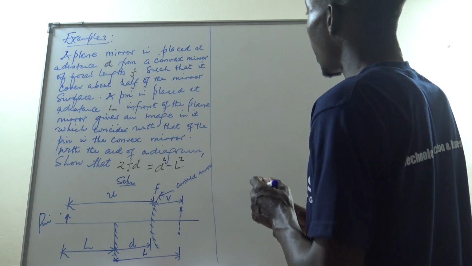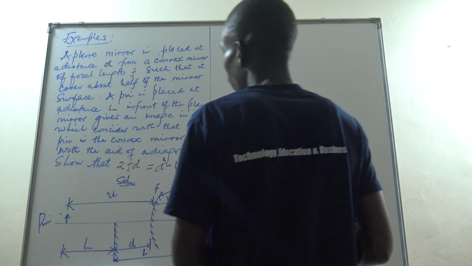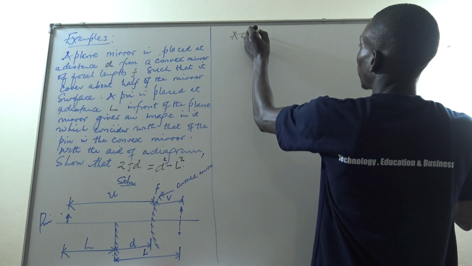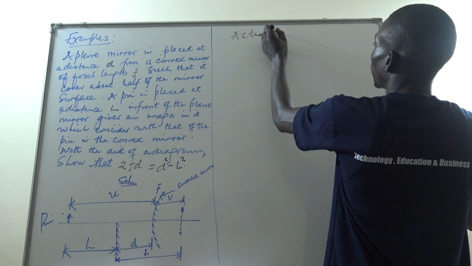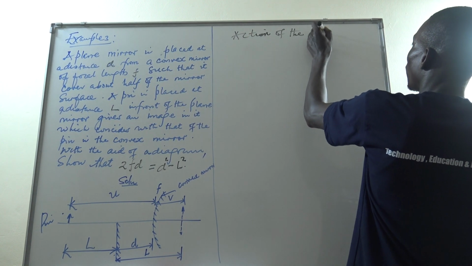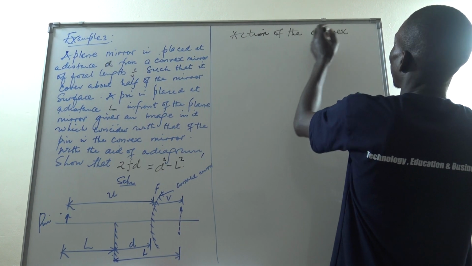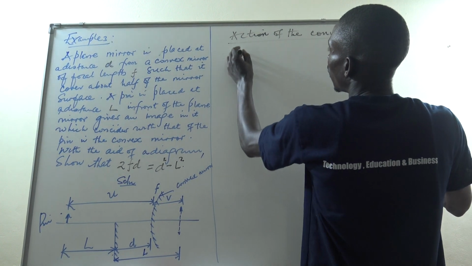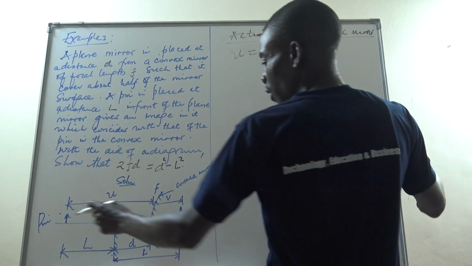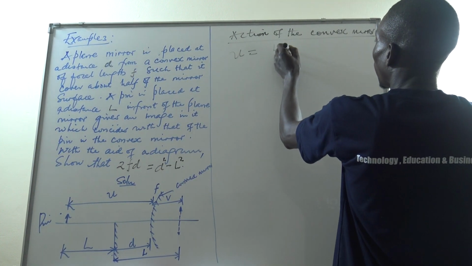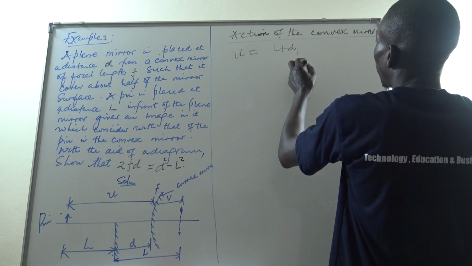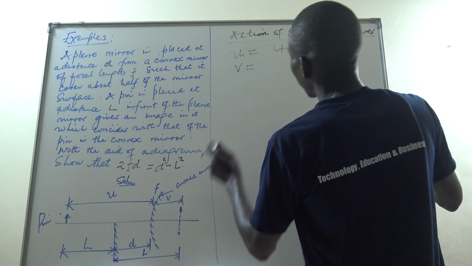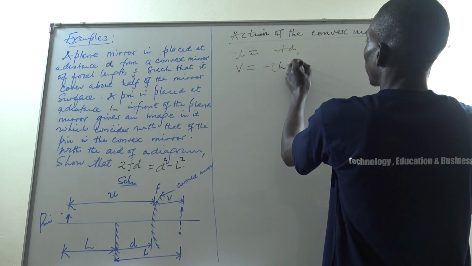So required from us is now to prove that idea there. Considering the action of the convex mirror, U for the convex mirror will be L plus D, and the V will be L minus D but negative.